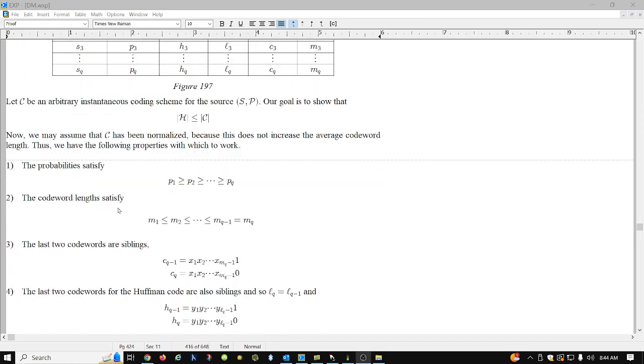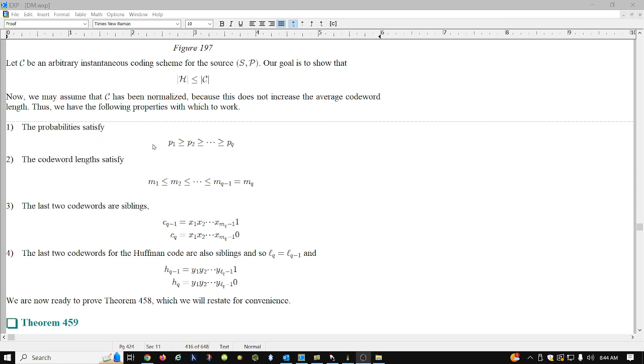So these are the facts that we have to work with. The probabilities are organized in this way. The code word lengths for C have this property. The last two code words in C are siblings.